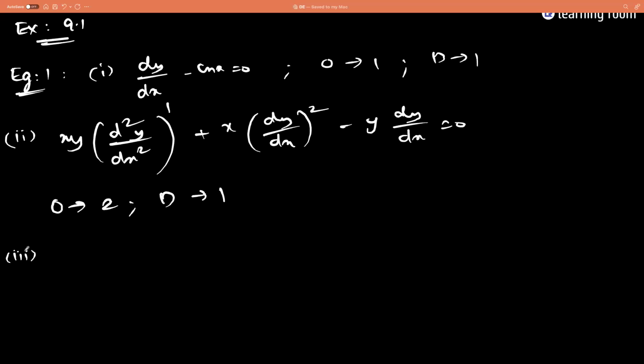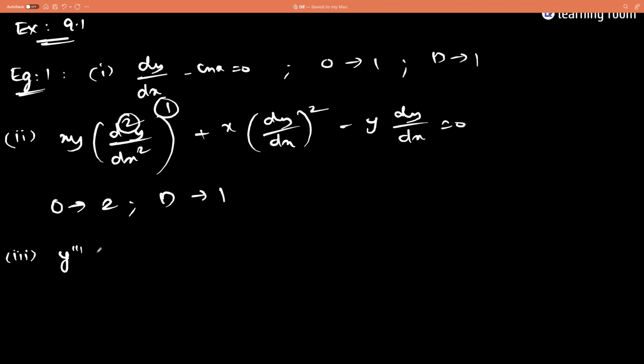Third, order is 2 because second order is highest. For the second order, the highest power is 1. That is why degree is 1.